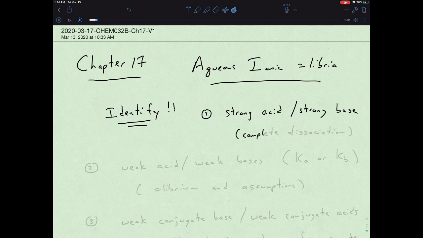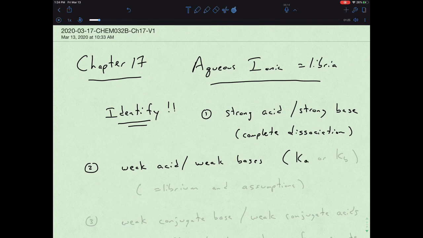Remember that told us that we have to follow complete dissociation of that strong acid and strong base to then determine pH. We then got into weak acids, weak bases.